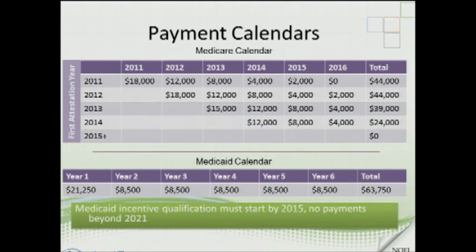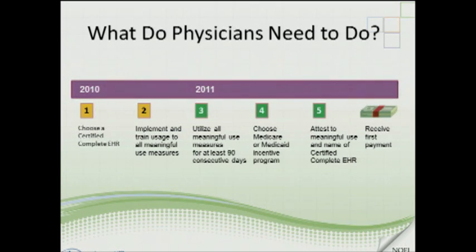So you're either going to comply with Medicare or you're going to comply with Medicaid, and that's really based on what your patient population is and what your practice environment is. If you are in a Medicaid-dominated area, then you should apply for qualification through the Medicaid process, and you actually get a higher total net reimbursement, or incentive payment, I should say. It's not really a reimbursement, it's an incentive payment, up to $63,000.